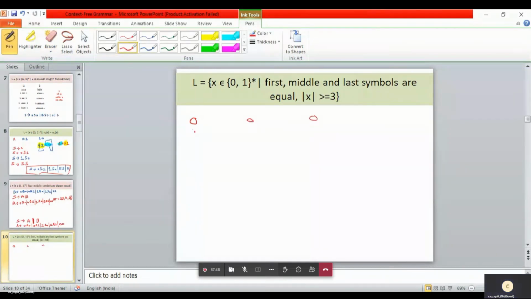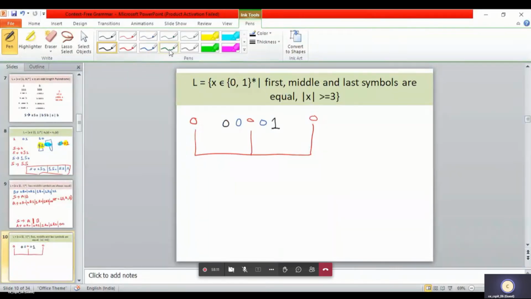So it is like this: the first, middle, and last. These three symbols are equal. Now along with that, to achieve this goal, here there is no restriction. So here I can put 0 and 0. I can put a combination of 0 and 1.